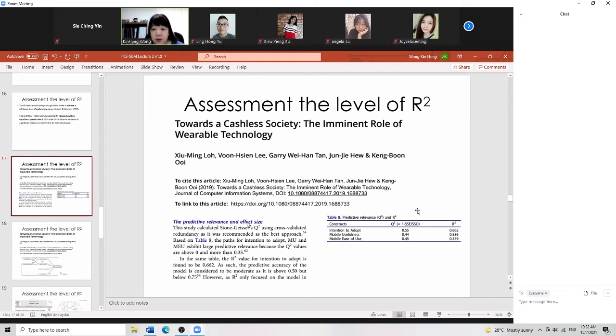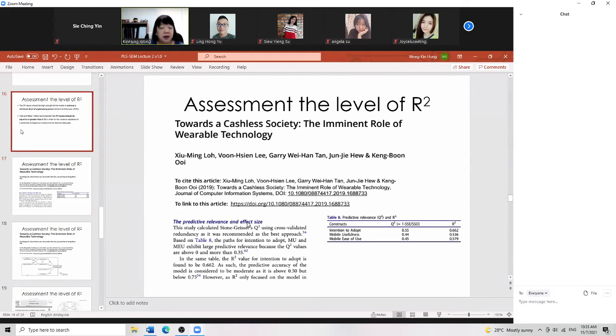This one is Q2, okay? But you look at R2, the R2 value is 0.662, okay? As such, the predictive accuracy of the model is considered to be moderate as it is above 0.5 but below 0.75. Okay, so this one is moderate, above 0.5.